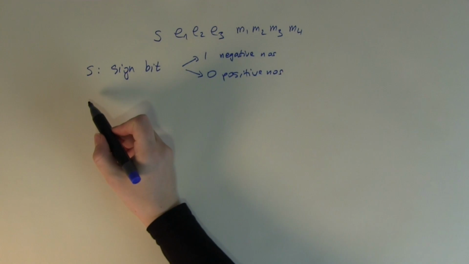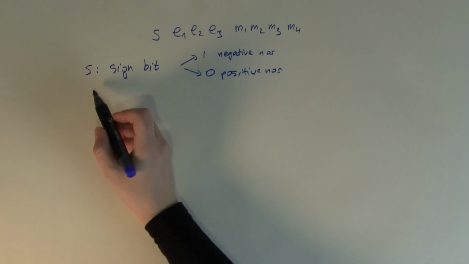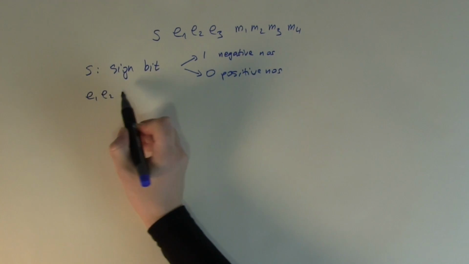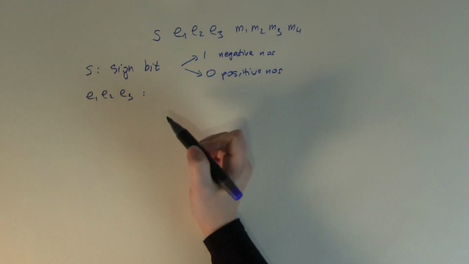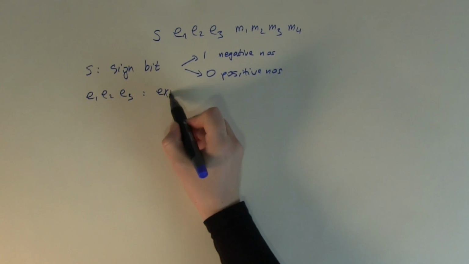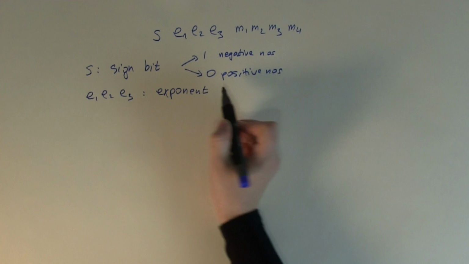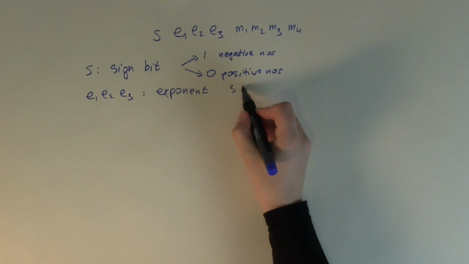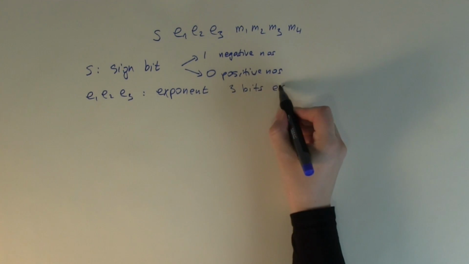The next section of this sequence is E1, E2, E3, which is basically the exponent expressed in a 3 bits excess notation.